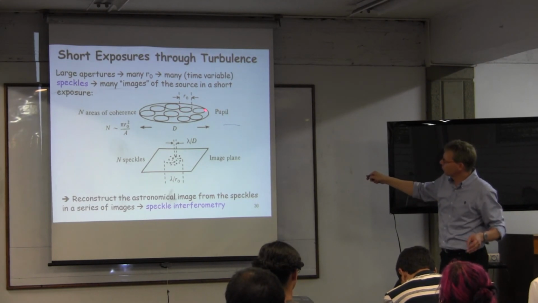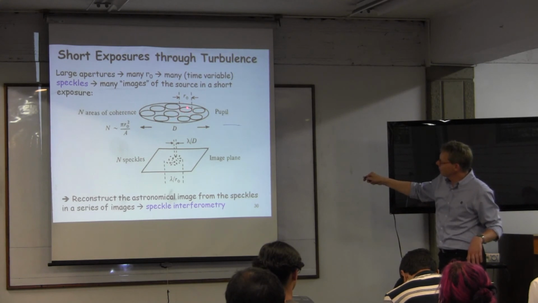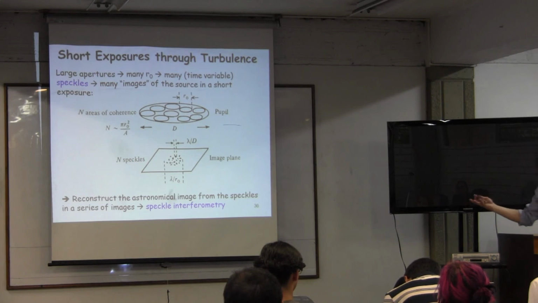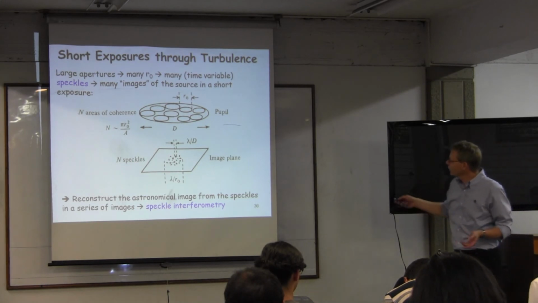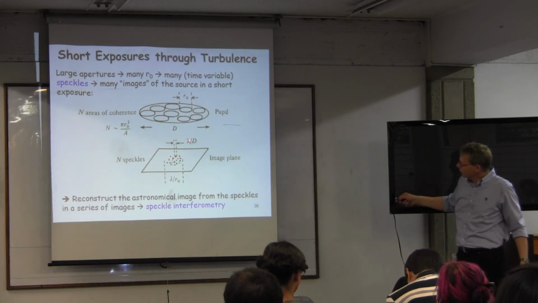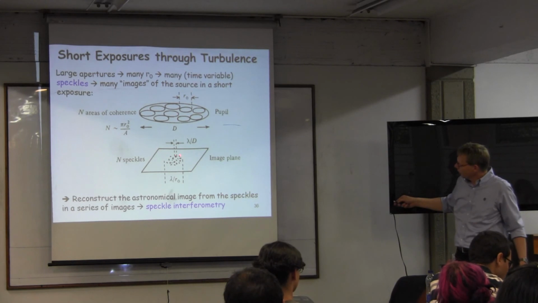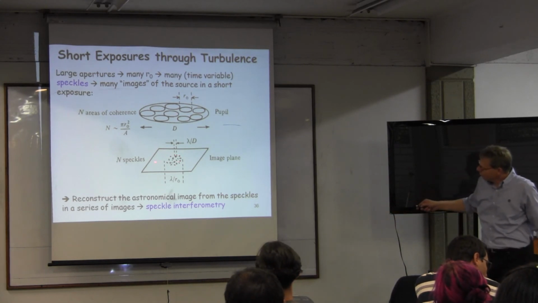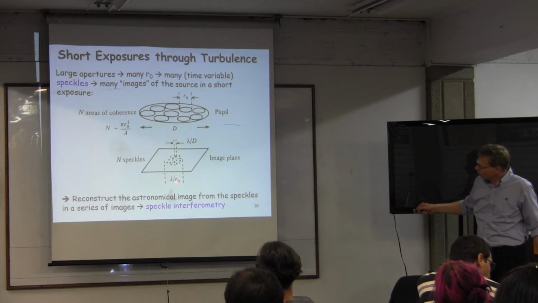So this is your telescope pupil here, and this is then the effective size over which we set the wavefront flatter than 1 radian. And then all of those produce an image, and this image would be a diffraction limited image, one speckle here, where the size of the speckle cloud is lambda over R0.